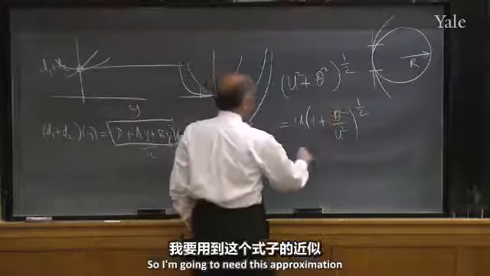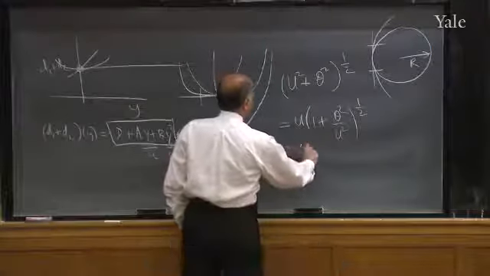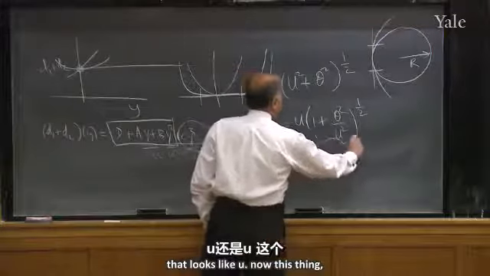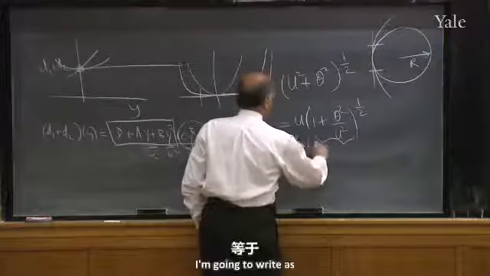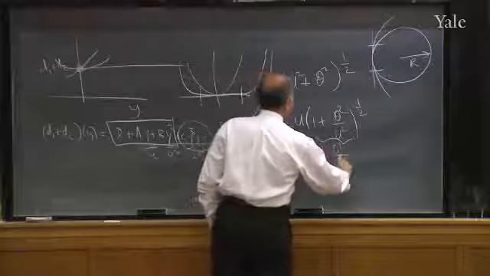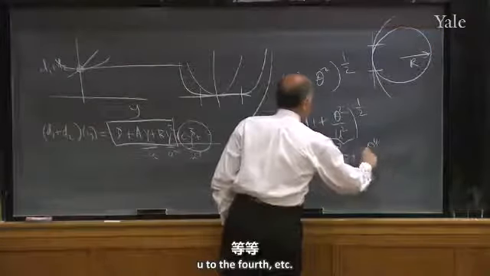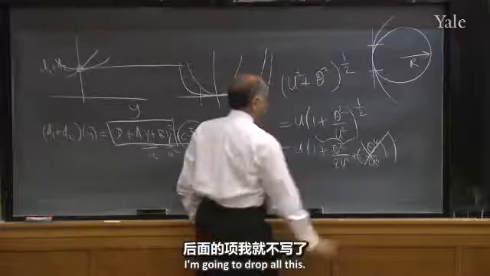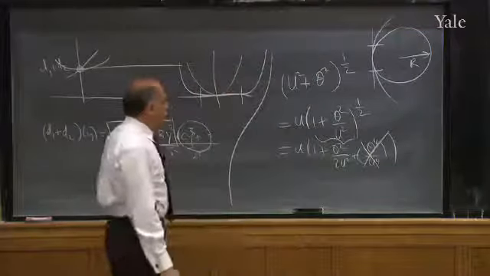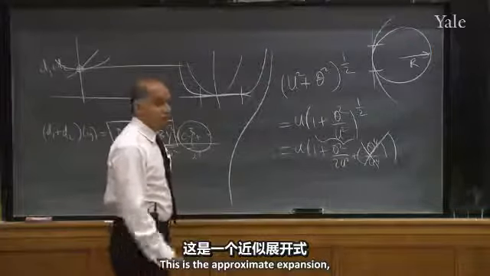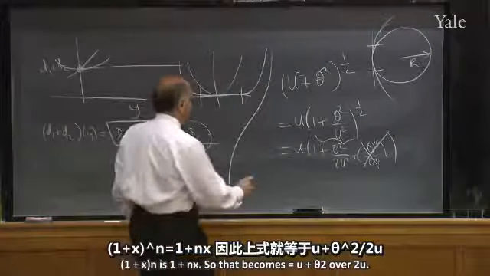So I'm going to need this approximation that looks like u. Now this thing I'm going to write as u times 1 plus theta square over 2u square plus dot dot dot, theta to the fourth over u to the fourth, etc. I'm going to drop all this. This is the approximate expansion: 1 plus x to the n is 1 plus nx.